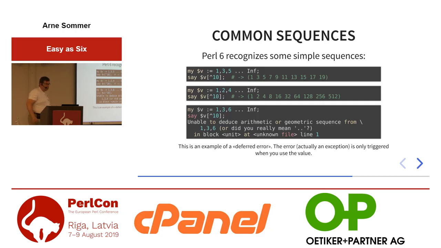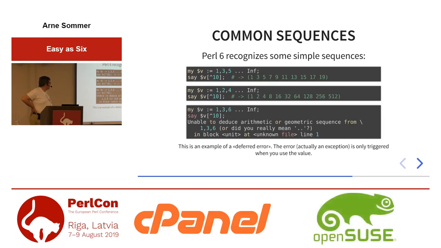Perl 6 recognizes some simple sequences by telling it the rule. The first one is every second value, and the next one is multiplied by 2, and the compiler understands that.